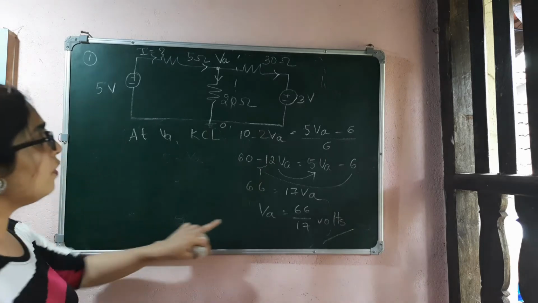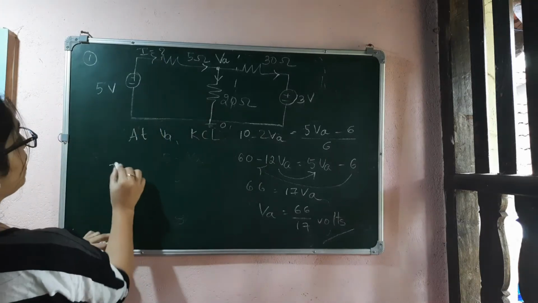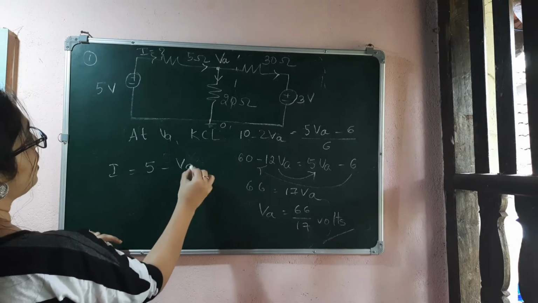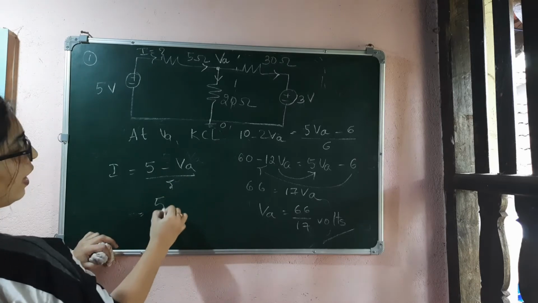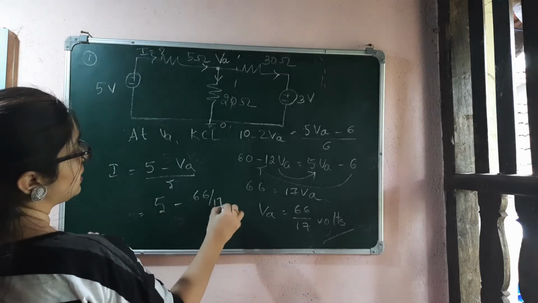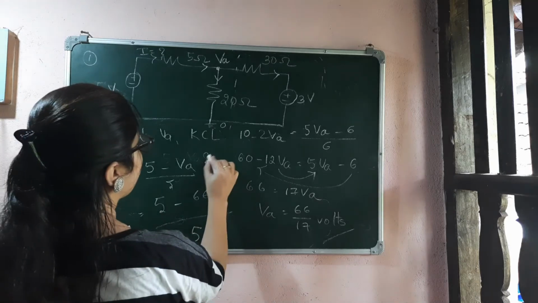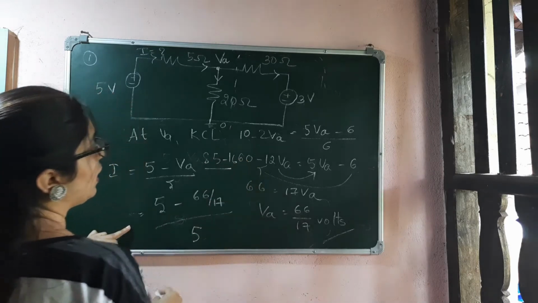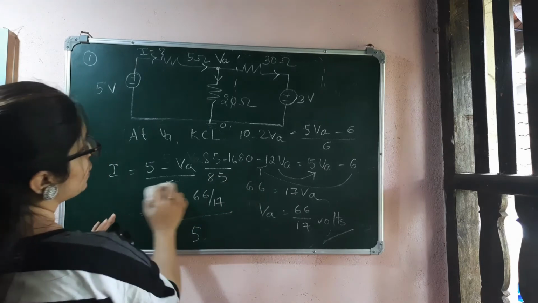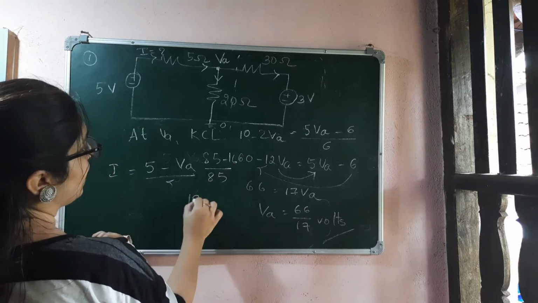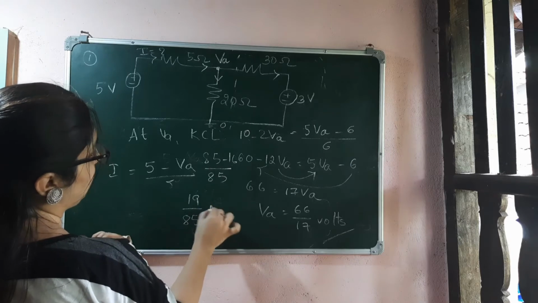Okay, and now if I want to find the current I, that will be equal to 5 minus VA divided by 5. So 5 minus 66 by 17 divided by 5. So this is nothing but 85 minus 66 divided by 85, so it is 19 by 85 amperes.